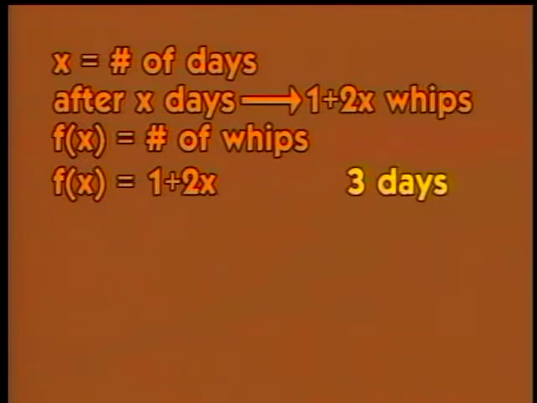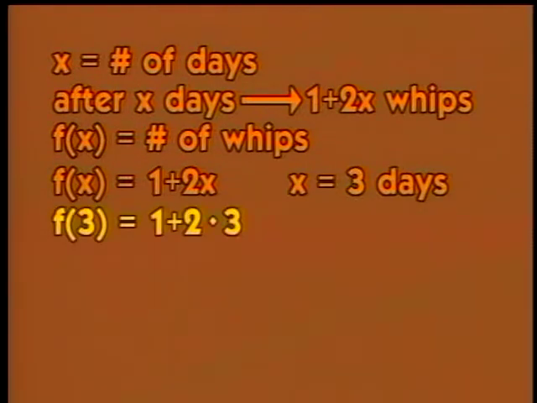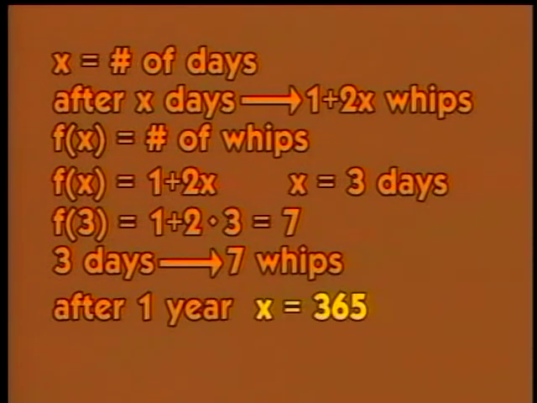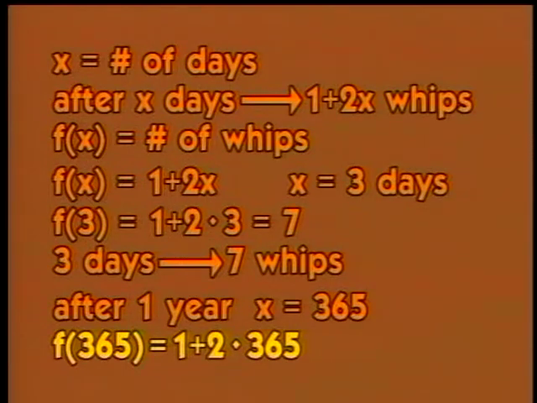If 3 days have passed, then x equals 3, and the number of whips is f of 3 equals 1 plus 2 times 3, which equals 7. So in 3 days, Simon will have 7 whips. If a year has passed, then x equals 365, and f of 365 equals 1 plus 2 times 365, or 731.